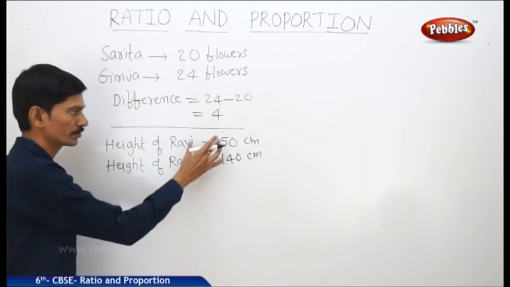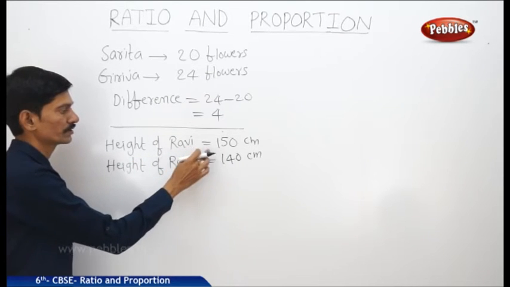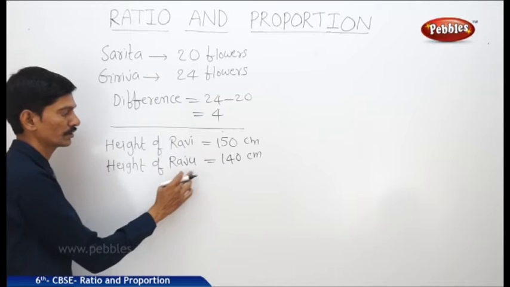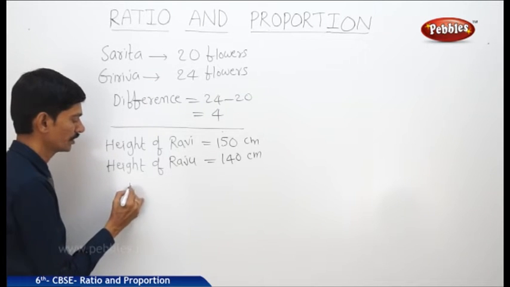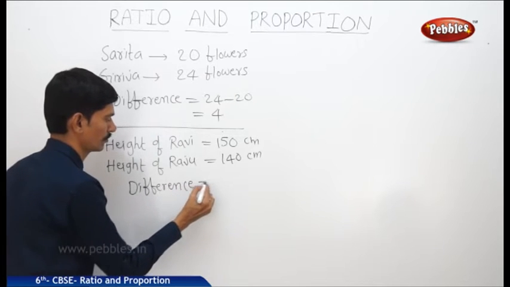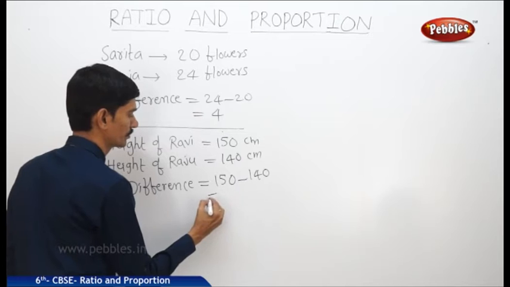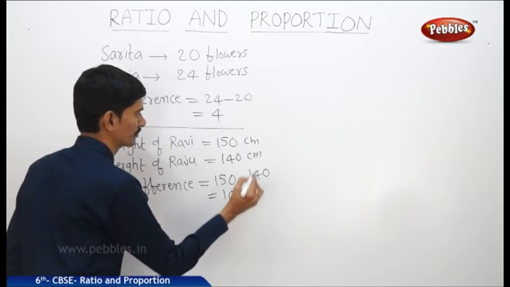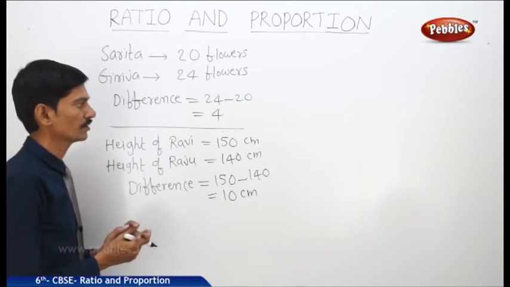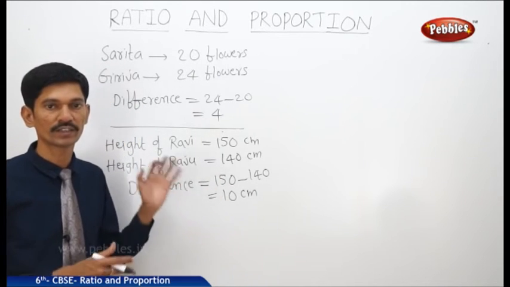So by observing these two values, we can say that Ravi is 10 centimeters taller than Raju. Means the difference in their heights, 150 minus 140, equals 10 centimeters. So this is one of the ways of comparing two quantities by finding the difference.